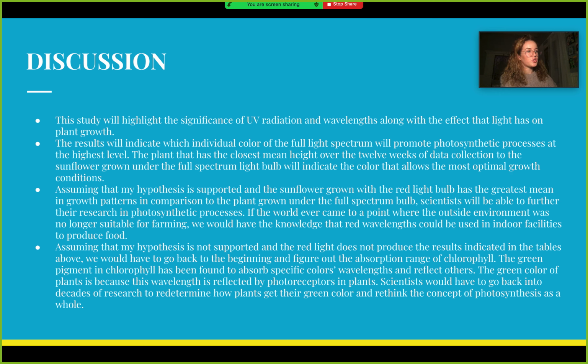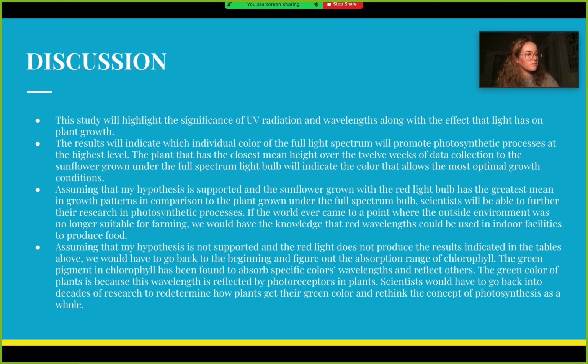So assuming that my hypothesis is supported and the sunflower grown under the red light bulb provides data that indicates the greatest amount of growth in comparison to the 3 other bulbs, this will indicate that the red light contributes to the greatest growth in plants, and it's the most easily absorbed range of wavelengths.